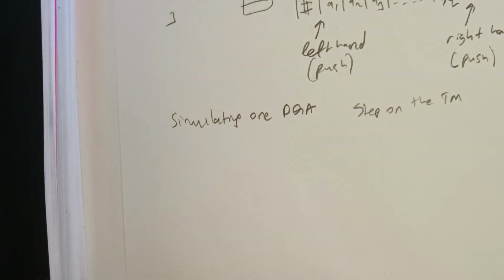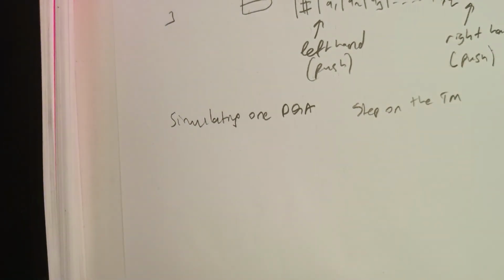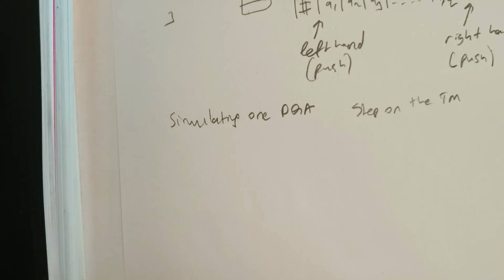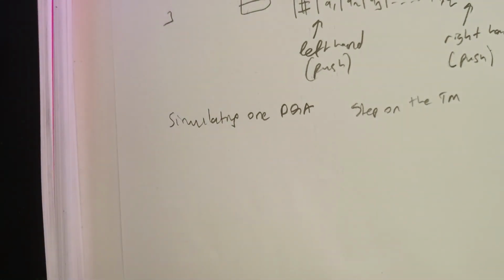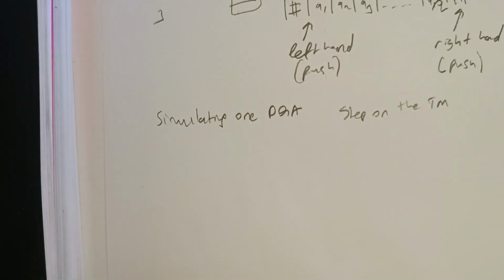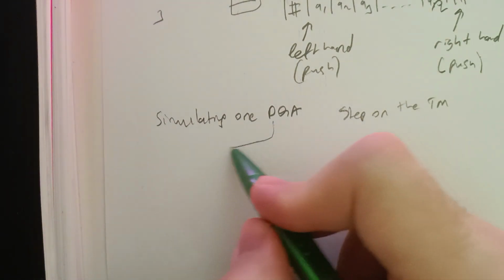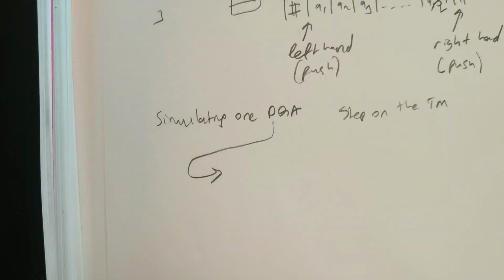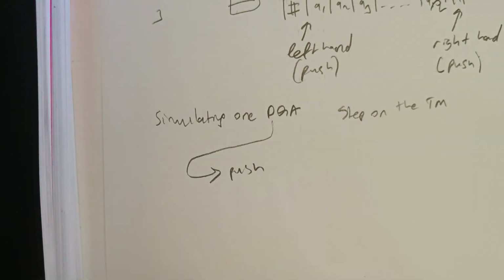If we think of this deterministic queue, we are pushing the added symbols to the left-hand side.